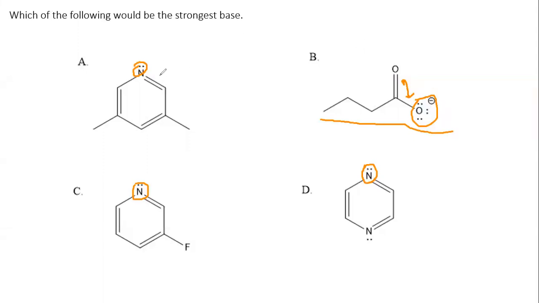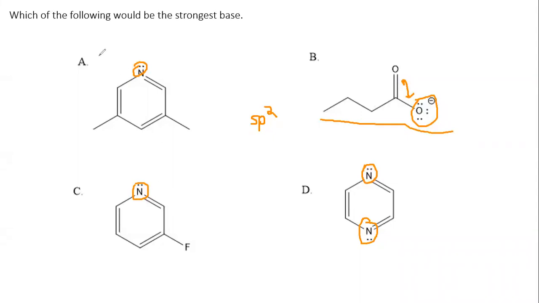And so if you notice, all of these nitrogens are sp2 hybridized. And again, there's a nitrogen here. So they all have the same hybridization. This oxygen has resonance. We're not going to include that because that's going to be one of the weaker bases. And so in all 3 of these, we have sp2 carbons.